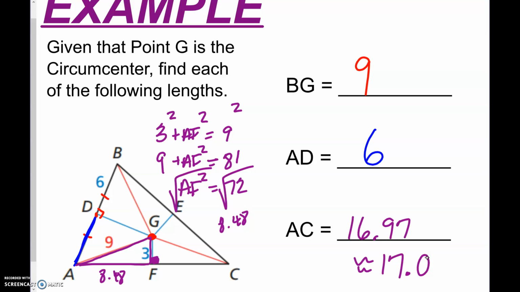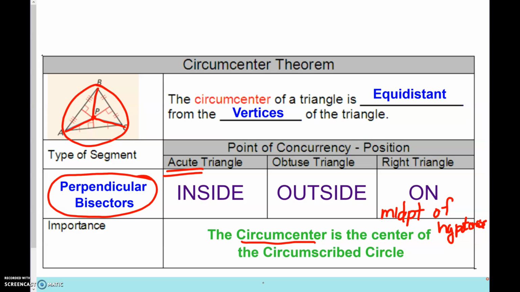This is only half of the lesson in 6-2. This is talking about the circumcenter. The circumcenter is made from perpendicular bisectors. Every circumcenter is made because we constructed perpendicular bisectors. And it depends on the triangle as to where they are.